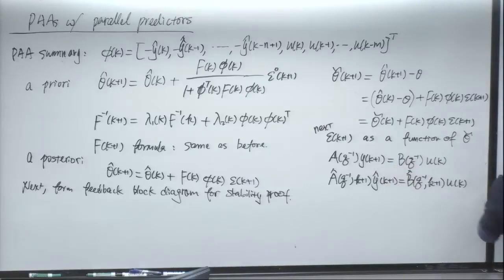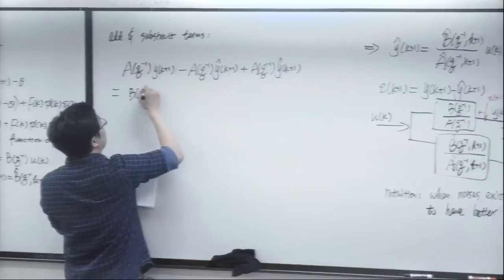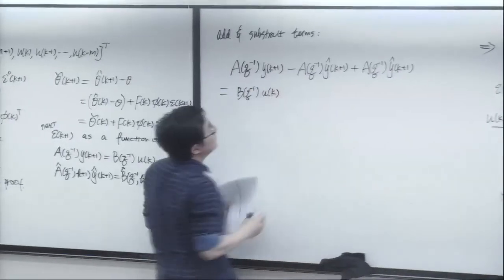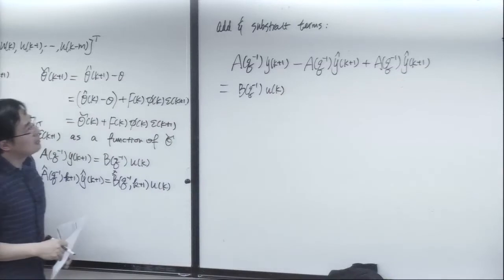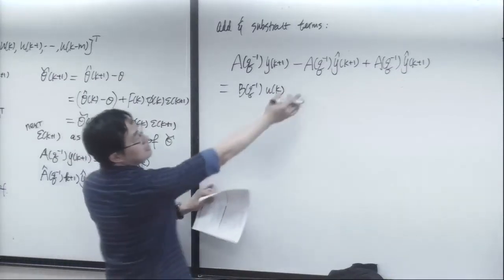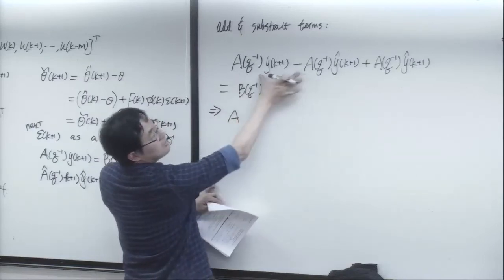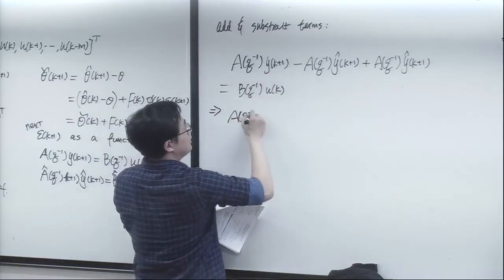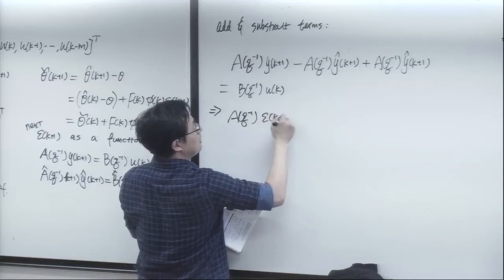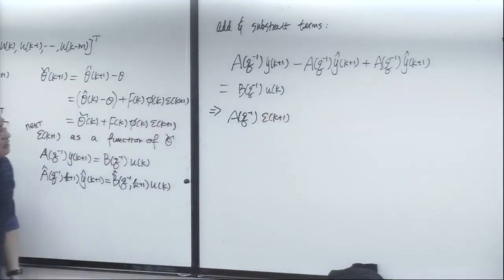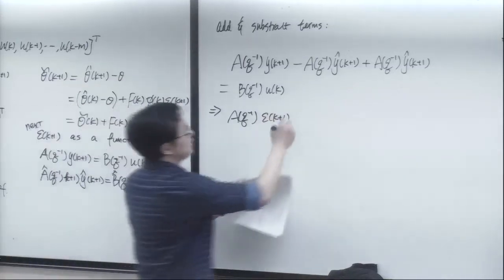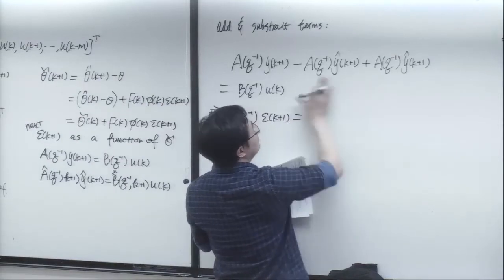So the right-hand side should be the same. And if I do that, I will be able to now see that I can combine the first two terms to generate epsilon k plus 1. And then I'm going to shift this term to the right.